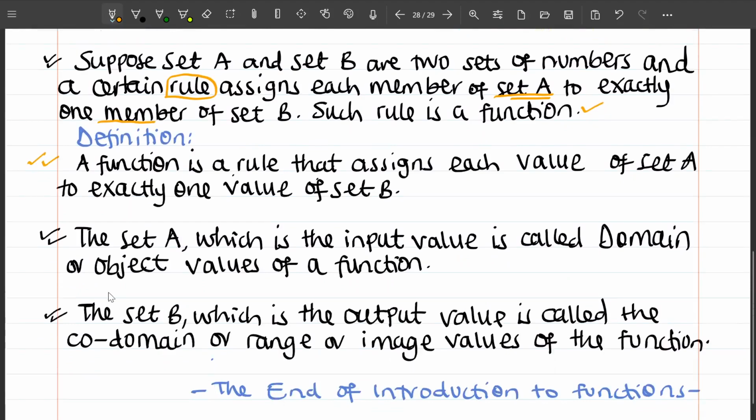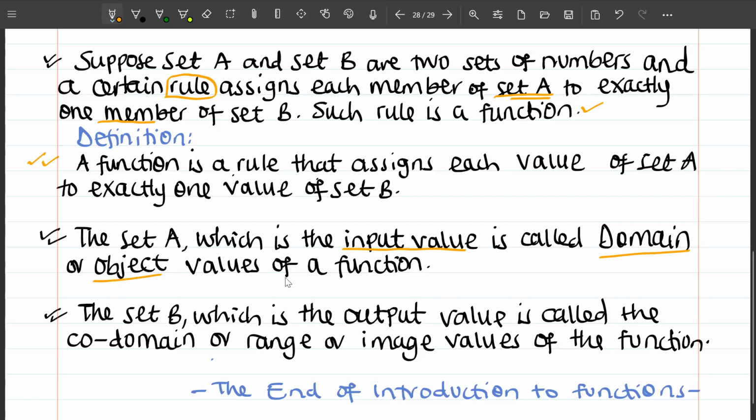That was the definition. Now, set A is called the set of input values, and the input values are what we call the domain or the object values of a function.